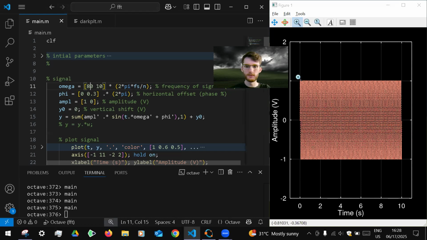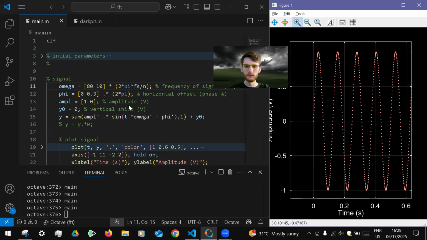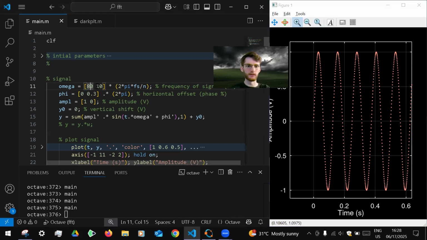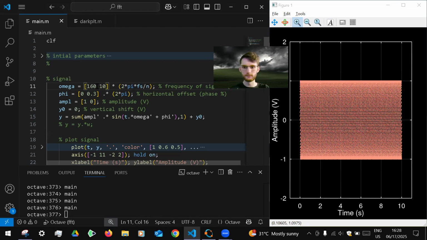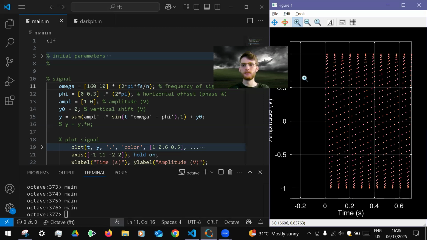But if I zoom in, you can still see there's some oscillation. And now these dots are getting more apparent. All right, let's double it again. Now it's starting to get a little bit harder to see this oscillation, and that's just because there's only so many data points per second.